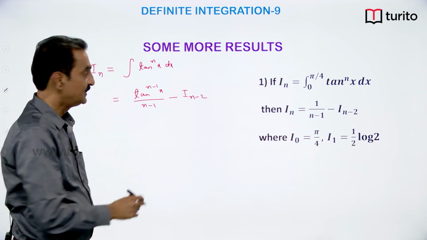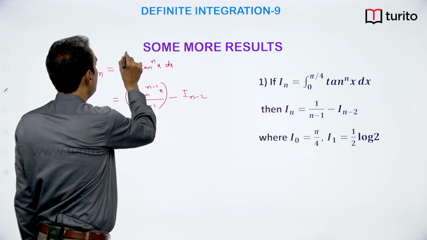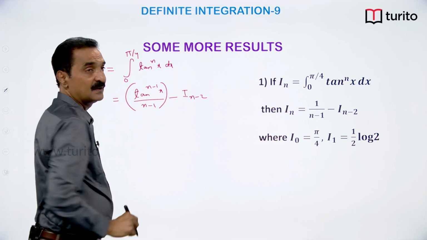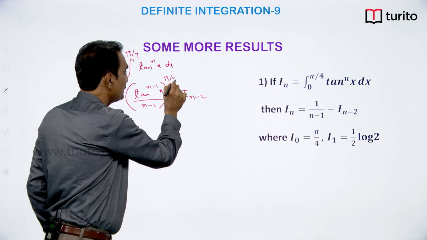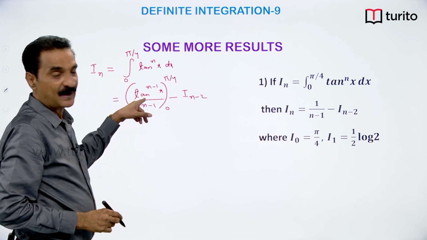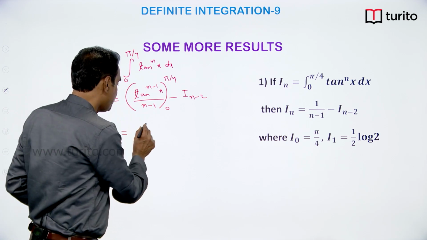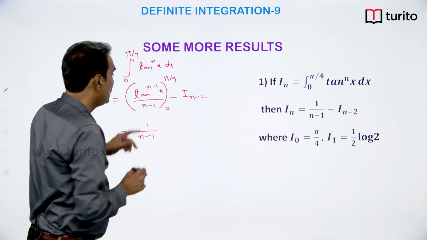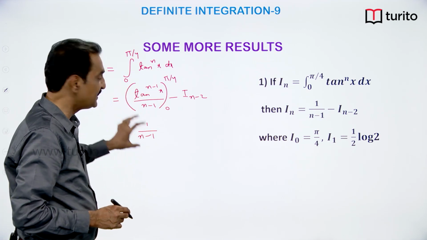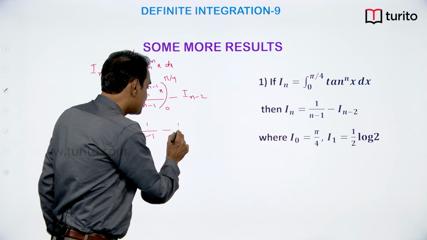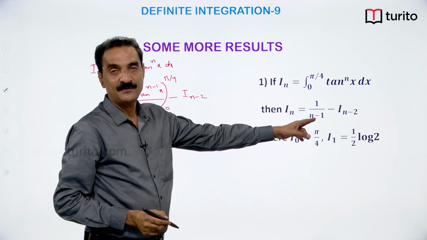We have proved it. Now, if you take limits 0 to pi by 4 in the first term, substituting pi by 4 you will get tan pi by 4 is 1, so 1 by n minus 1, and substituting 0, tan 0 is 0, so it is 0. So this first term is 1 by n minus 1, minus I n minus 2. So that is the reduction formula.